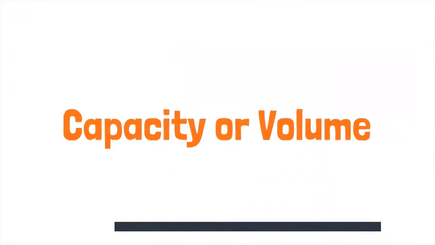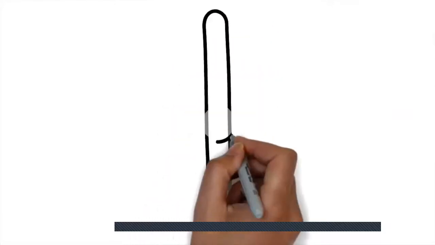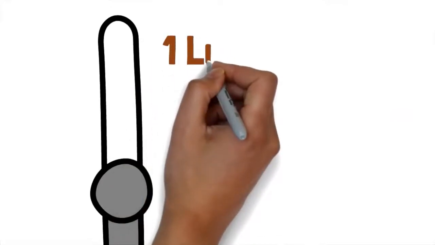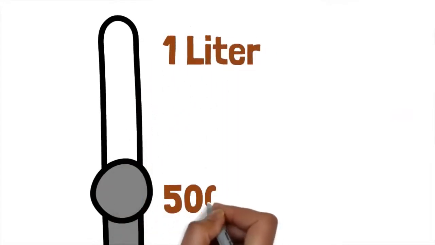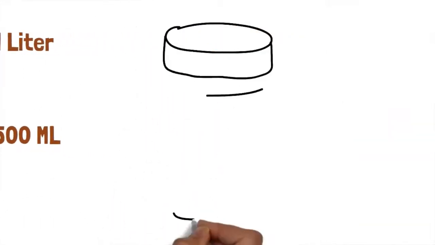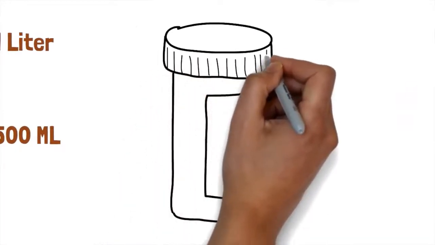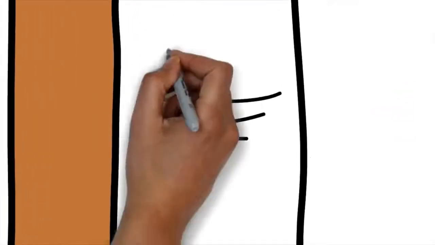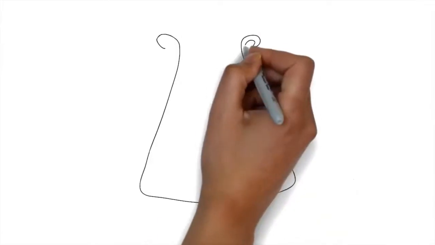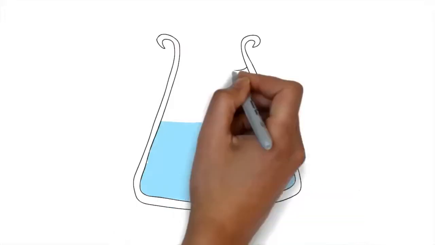Capacity or volume. What is it? It's the amount of liquid or anything that's inside a container. Like this container is of 1 liter, but it has only 500 milliliters in it. Oh, what is this? Oh, this is a jar. Jar of jam. It has 350 milliliters inside it. How do we measure capacity?